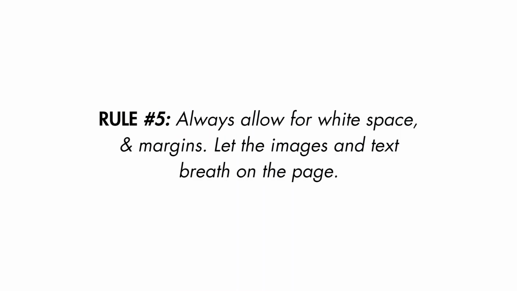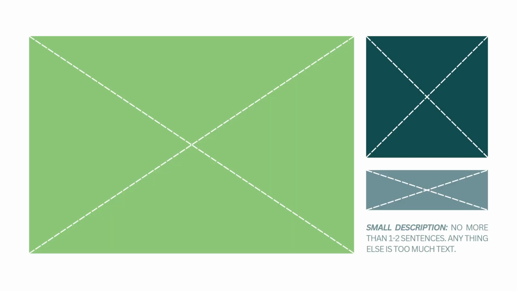The next rule, number 5, always allow for white space and margins, and let the images and text breathe on the page. I'm going to go back to the last page and indicate that. As you see, the layout is positioned in the center of the slide, and there are margins, which is the white space in between the placeholders for where the images would go.